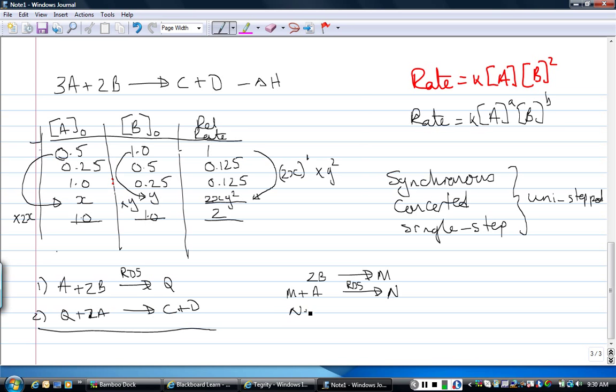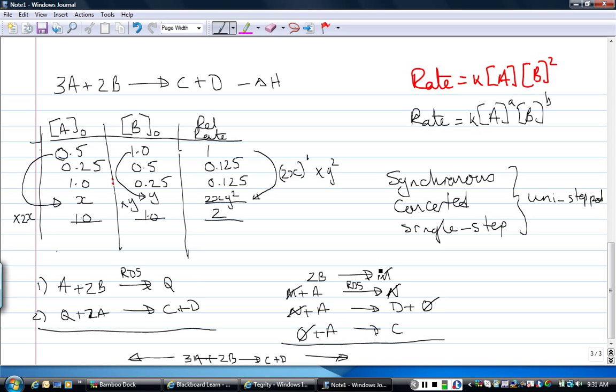Then N reacts with another A, maybe to give D plus O, and then O reacts with an A to give rise to C. It's a bit more complicated, but if I add the steps together, the M goes out, the N goes out, the O goes out, and I end up with 3 A's plus 2 B's give C plus D, which is my stoichiometry, right? That's true for both of these.